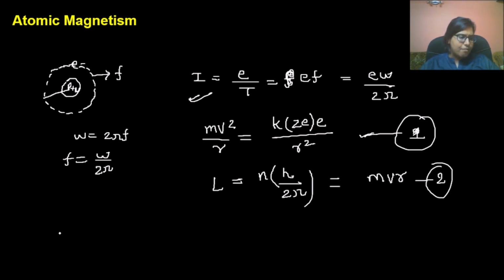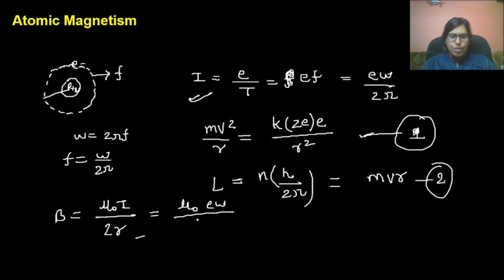So for magnetic field, how do we write the magnetic field? Magnetic field for this current carrying loop will be mu naught into I upon 2r, and this becomes mu naught I, which is e omega upon 2 pi, upon 4 into r, right? So this will be the B for this electron, right?